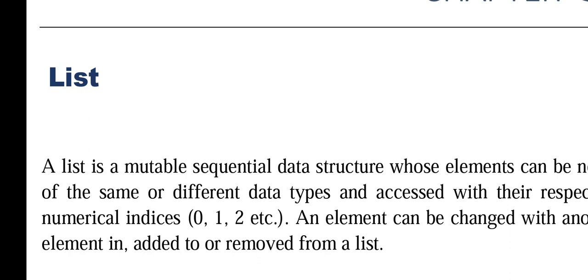Can be a string, can be a number, can be any data type. And lists are mutable, meaning a list can be changed, can be modified. Unlike a string, which cannot be changed, cannot be modified. The original version cannot be modified.